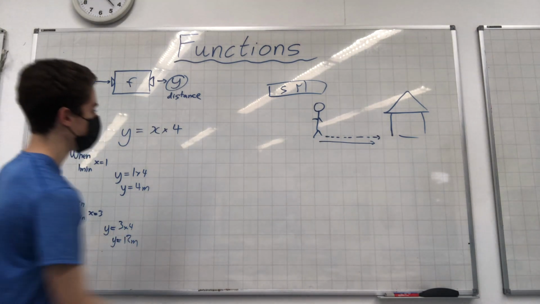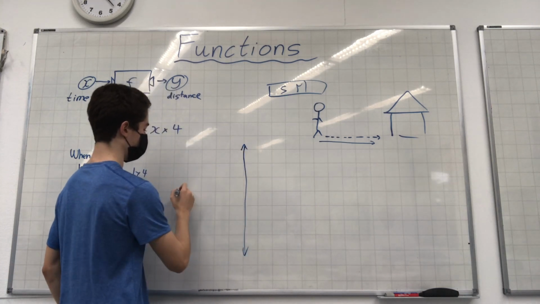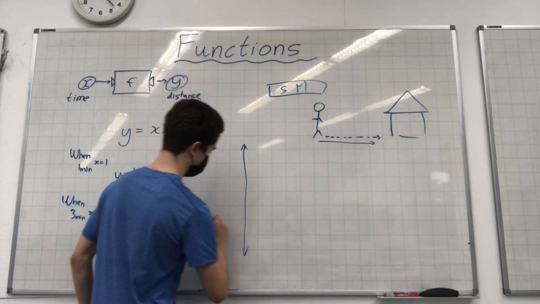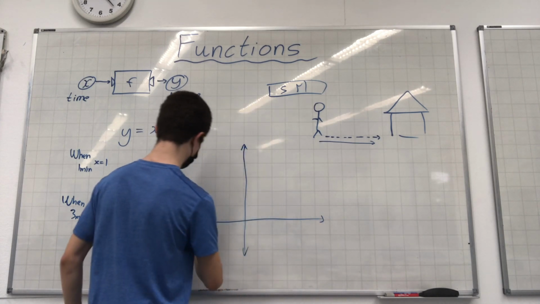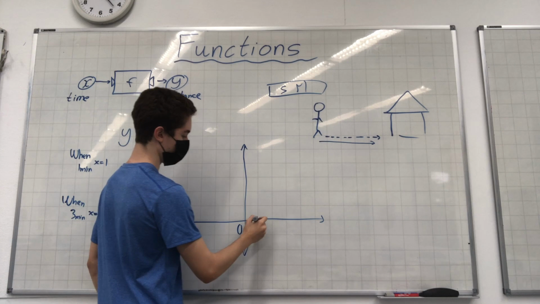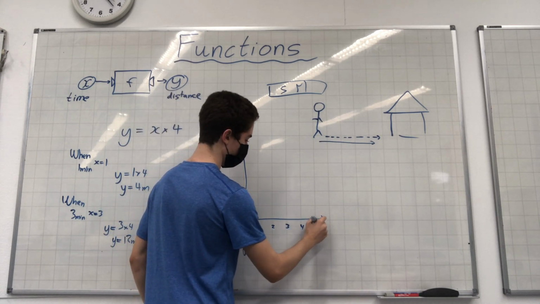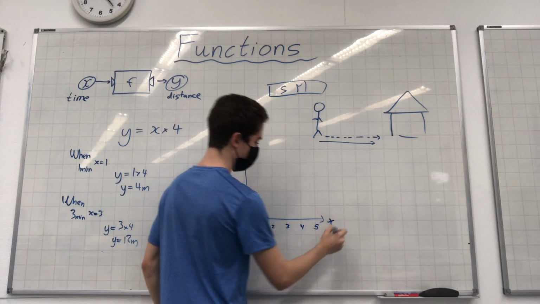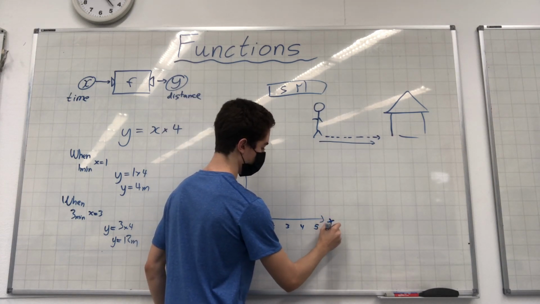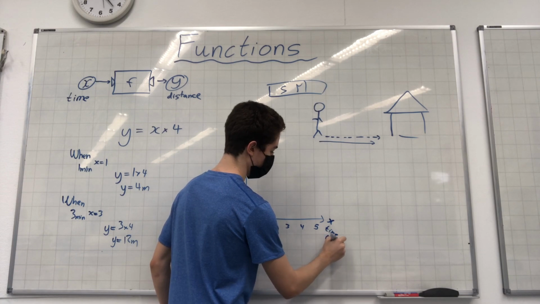And now, let's make a graph to illustrate this. Sorry for my graph. Okay. Right, so this is our point 0. Here is 1, 2, 3, 4, 5, and this is our x. In other words, our time in minutes, just to be clear.